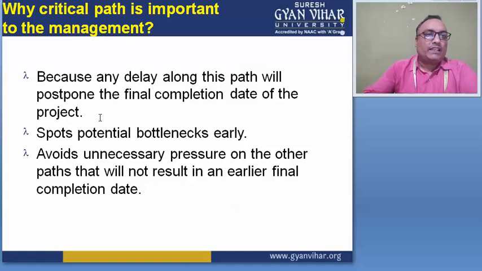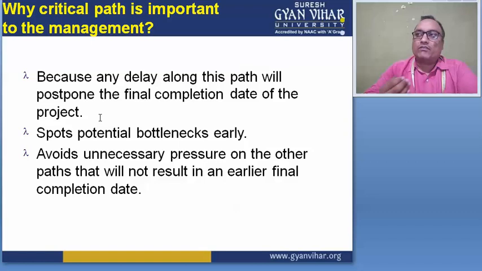This is given by the critical path method, and it also supports identifying potential bottlenecks early, right? Means it cannot produce any stressful work for the employees, and it avoids unnecessary pressure on the other path.